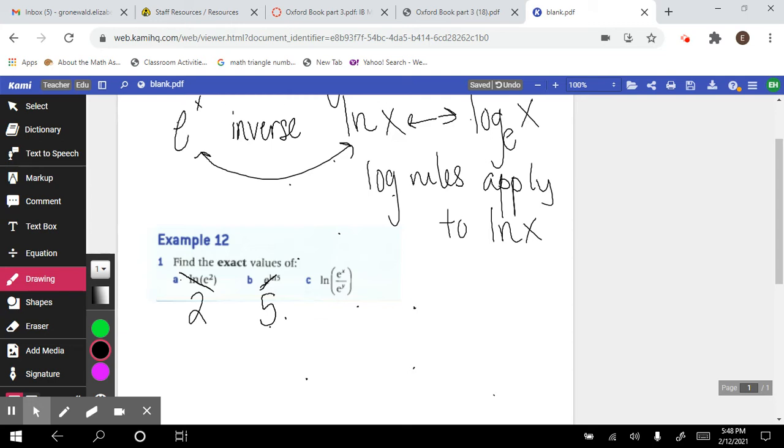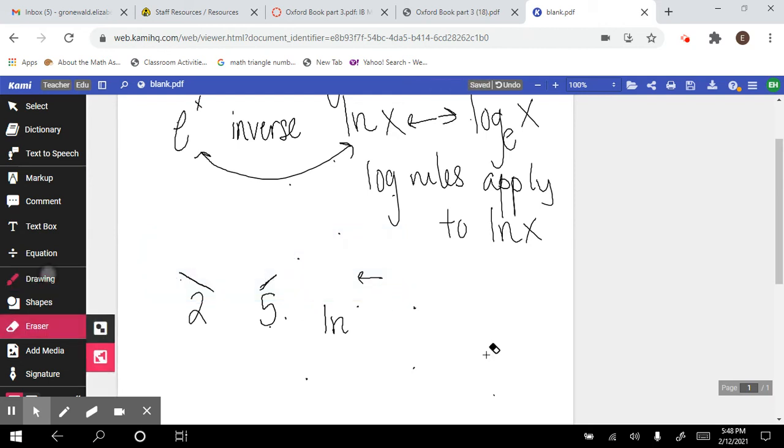And then for the natural log of e to the x divided by e to the y, we want to go ahead and use some log rules to simplify those powers first before canceling out anything. So since they're dividing, our rule says that we would subtract those powers. Remember, let's write the rule over here.